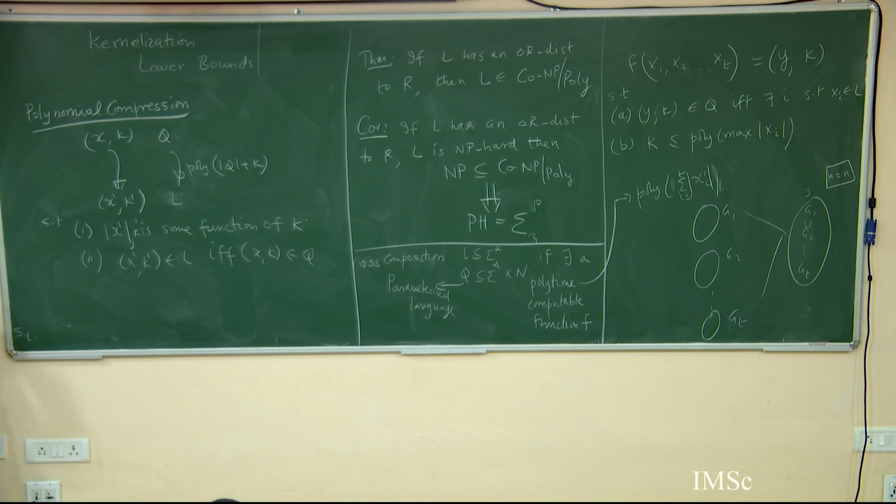And what is the L? This is a different problem. In kernelization, you insist that you start with a vertex cover, and in polynomial time, you get a vertex cover problem. Here, I am happy to reduce to some other problem. So that is a difference. So a kernelization is also a compression, but compression is more general.